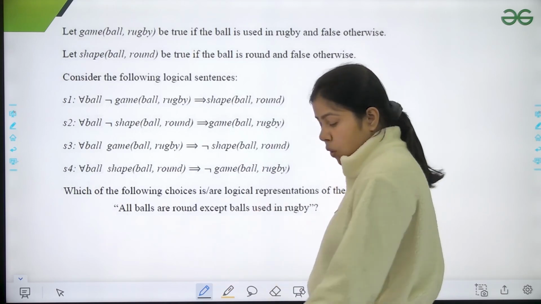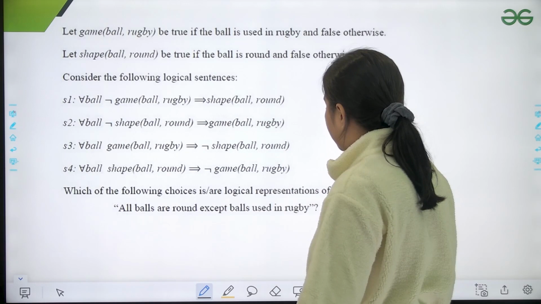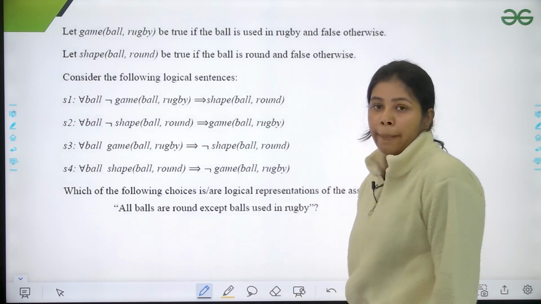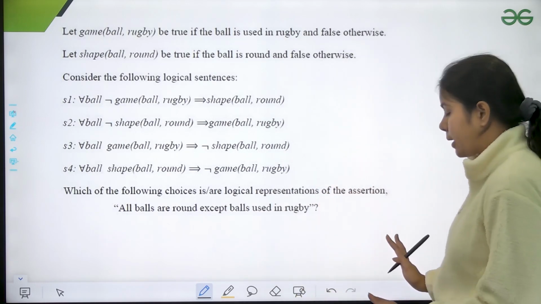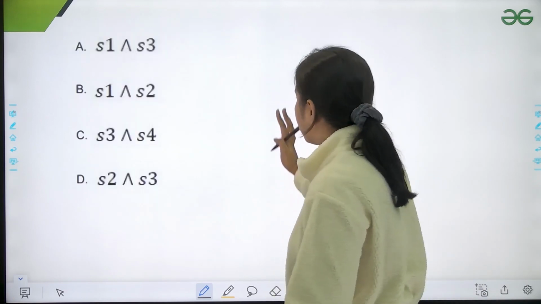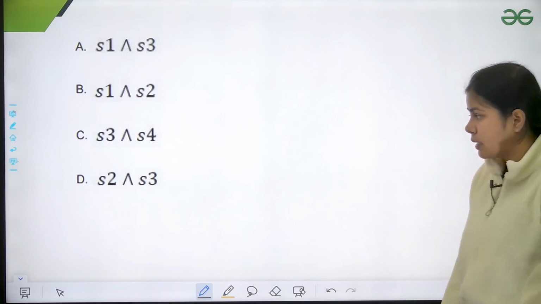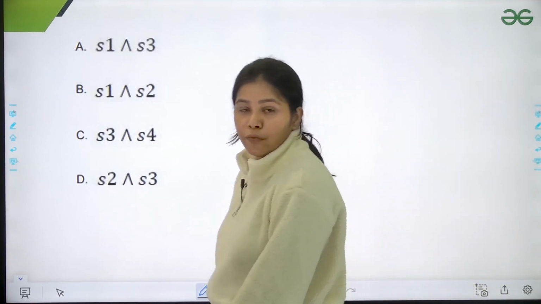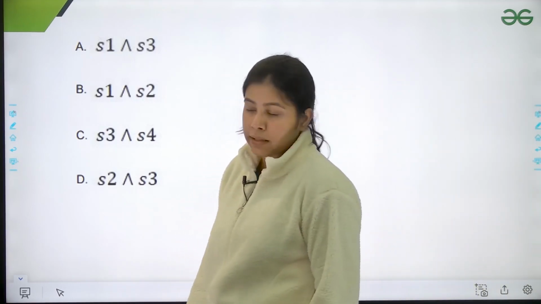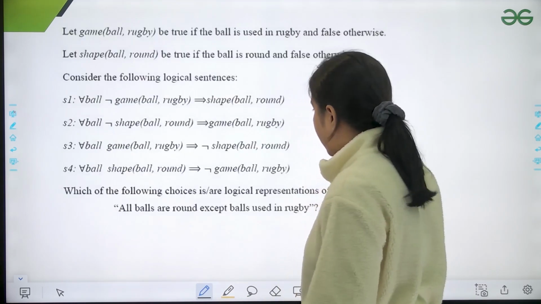So they ask that all balls are round except balls used in rugby, right? So that means all balls are round except balls used in rugby. So you can see the options given are S1 and S3, S1 and S2, S3 and S4, S2 and S3. Which option gives me the correct answer? So let's see.